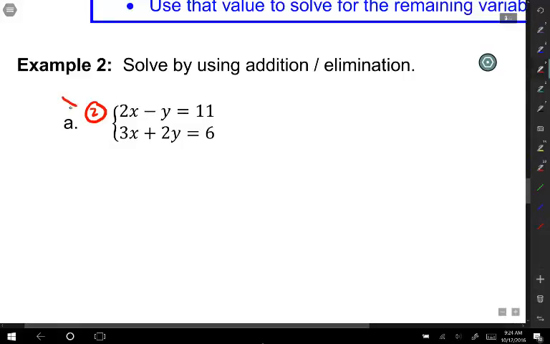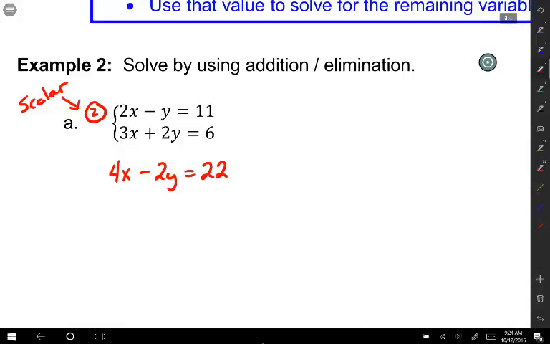I'm going to put a little arrow there and write the word scalar. And now I'm going to rewrite my equation. My new equation becomes 4x minus 2y equals 22. And I can't emphasize the 22 enough. A lot of people sometimes will forget to multiply both the left side and the right side. Make sure you multiply both sides by that.